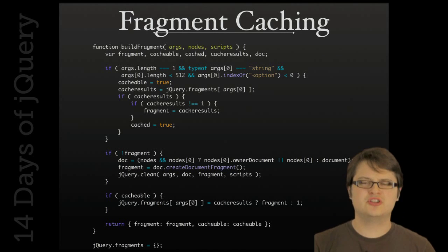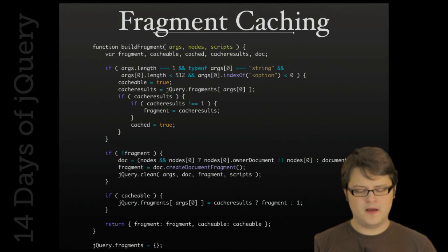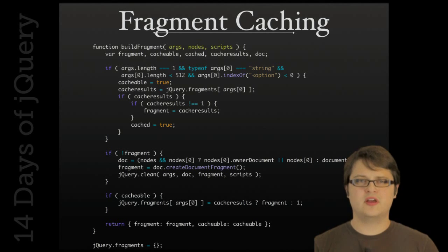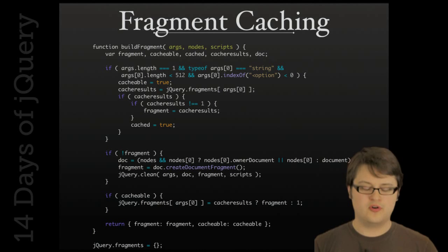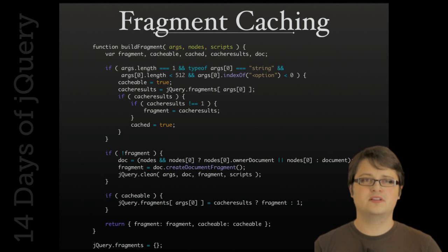We set some limitations on it in that we only do it if it's no more than half a K in size. And we only create the cache if there are multiple attempts to insert that particular string. But this code alone has been just great for some immediate performance benefits.